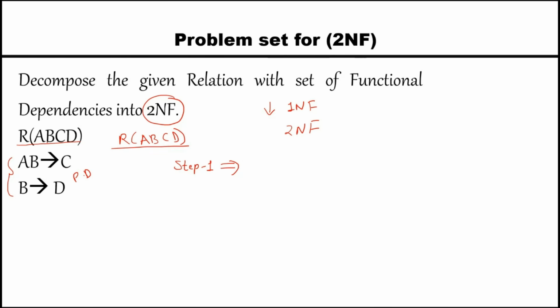Here there are four attributes. If you try to find the candidate keys with the brute force approach, it would be like this: A, B, C, D, and then you go for AB, then AC, then AD, all the combinations until ABCD.